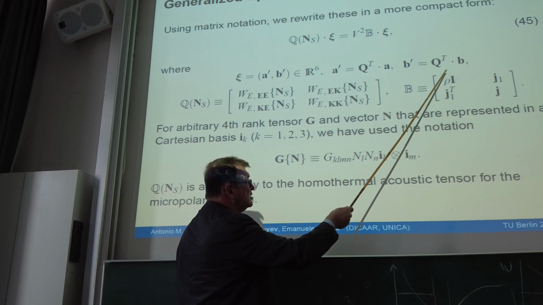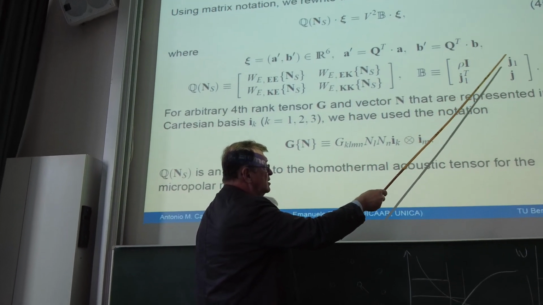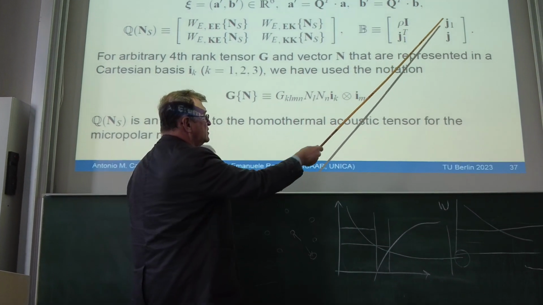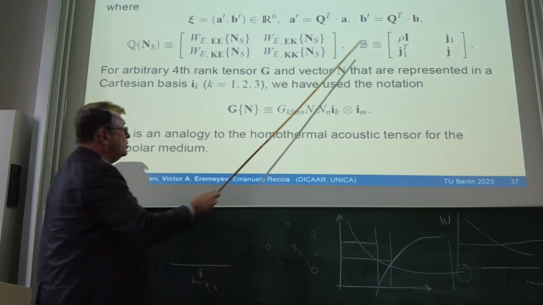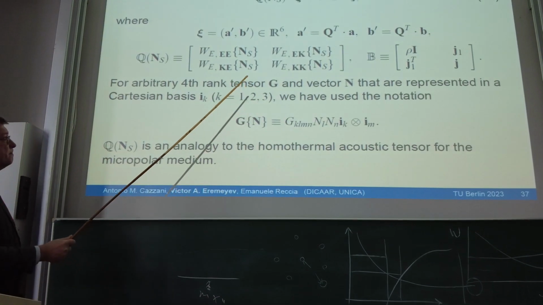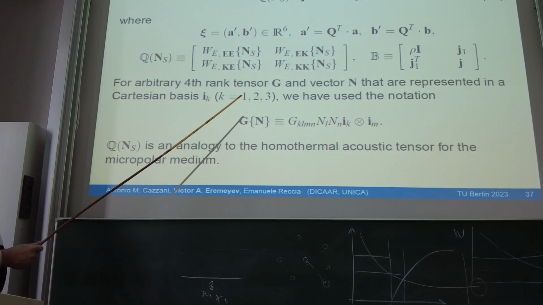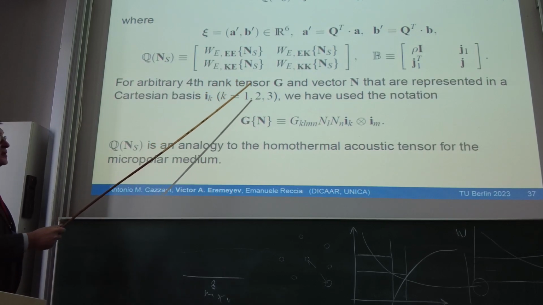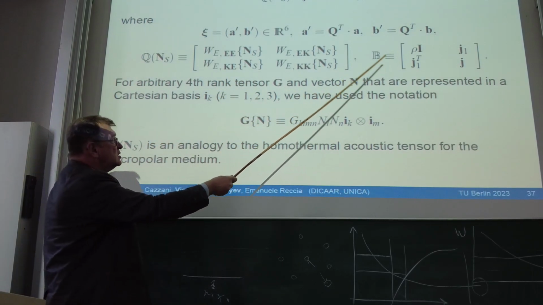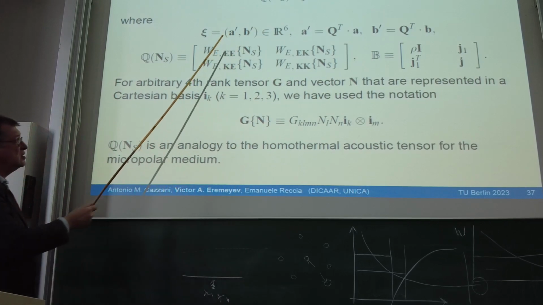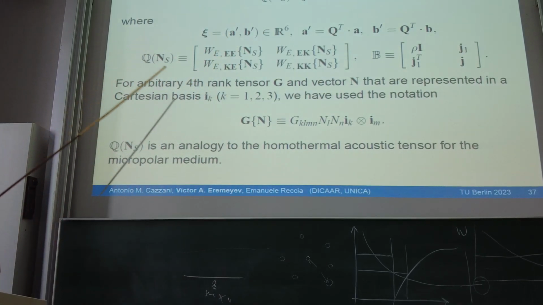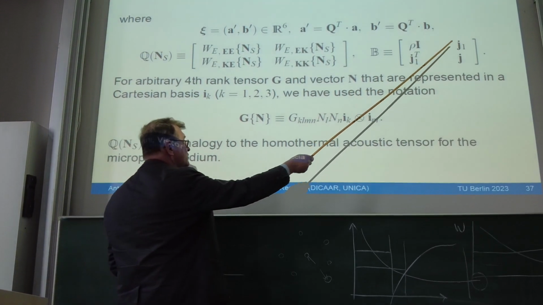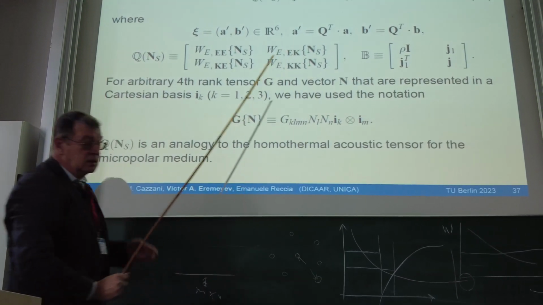The classical case looks like this: this is 0, this is 0. In the classical continuum, the translational and rotational waves are decoupled. Here they are coupled dynamically because of the presence of this coupling J.